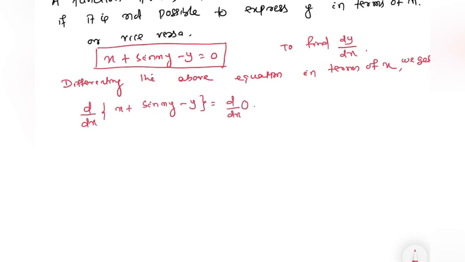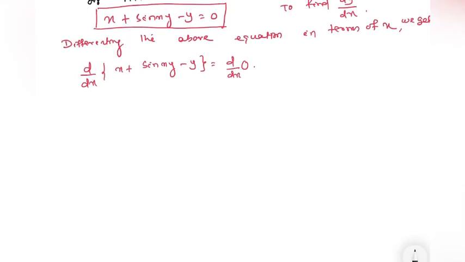Clear? And you know, the derivative of a sum is equal to the sum of the derivatives, and the derivative of a difference is the difference of the derivatives. If you apply that property, you have dx upon dx, the derivative of sin xy with respect to x, the derivative of y with respect to x, and the derivative of a constant 0 is 0.